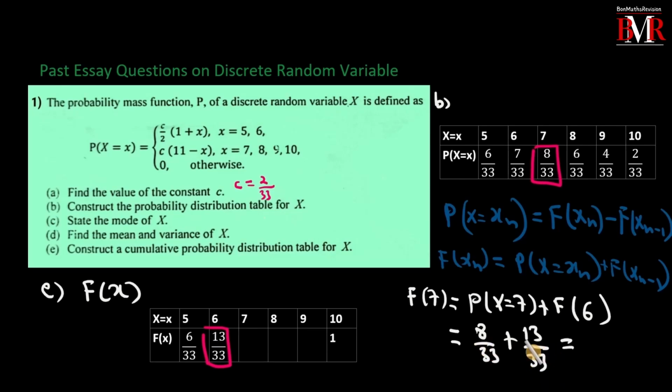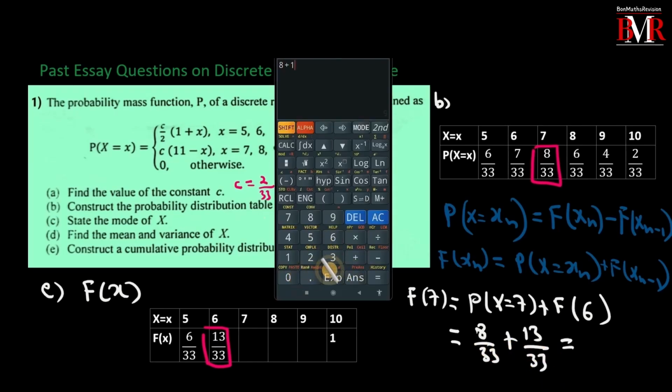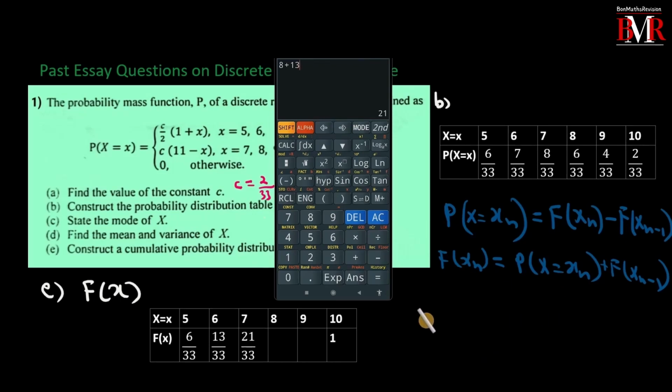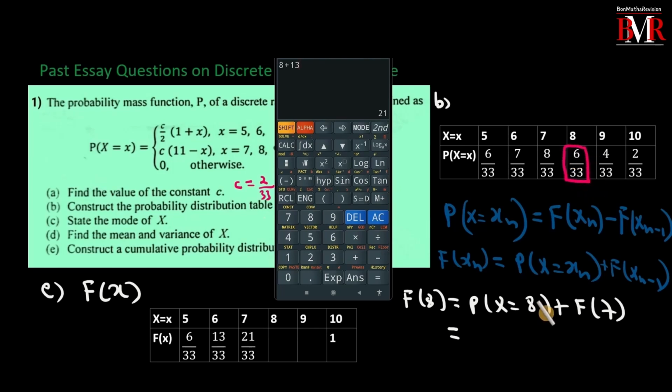Now I add the numerators, 8 plus 13. That is 21 over 33. It means that here is 21 over 33. Now I need to calculate F of 8. From this formula, F of 8 is equal to the probability of x equals 8 plus F of 7. That is, the probability of x equals 8 from this table is this, and F of 7 is this.